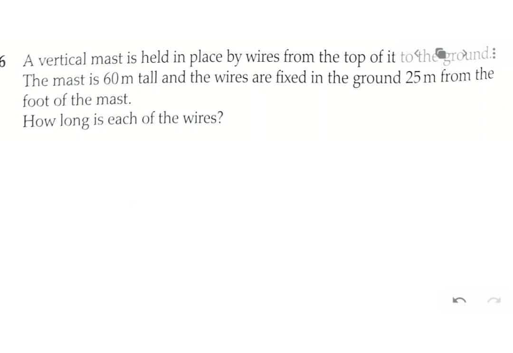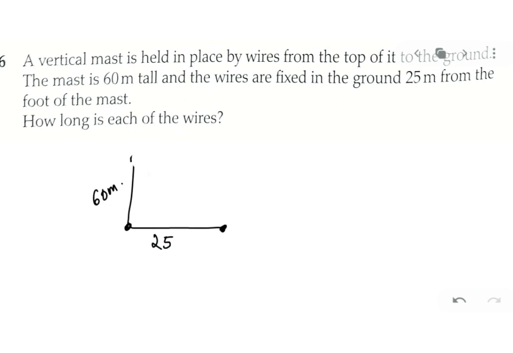Next is, a vertical mast is held in place by wires from top of it to the ground. The mast is 60 meters tall. So this is your mast which is 60 meters tall and the wires are fixed onto the ground 25 meters away from the mast. So top and bottom are attached to the wire.